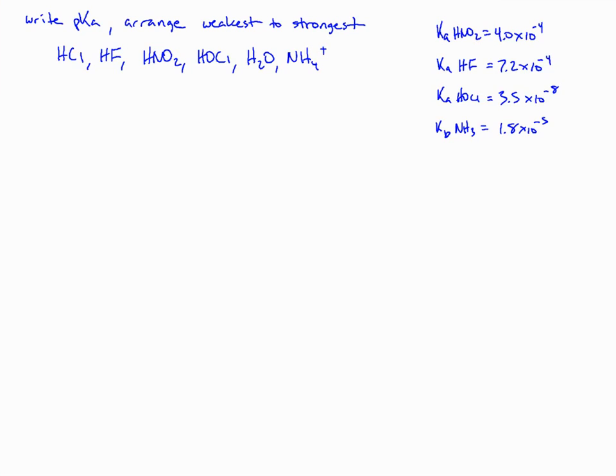So going through the list, we do not have a Ka for HCl. But HCl is a strong acid, and so it doesn't really have a Ka value. Its Ka value is somewhat infinite. But infinity is not a button on my calculator. I don't know about yours.